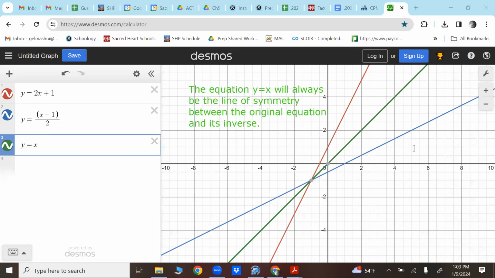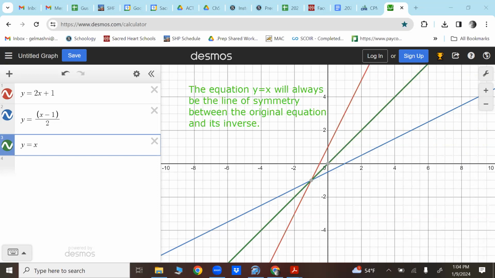That will always be true, 100% of the time, if you've done it right. If you found the inverse correctly, that's what always happens. It's y equals x, same thing. Yeah, it's the same thing, exactly.